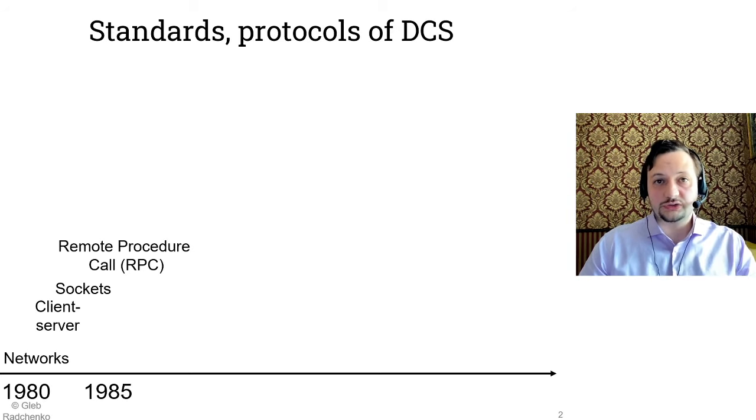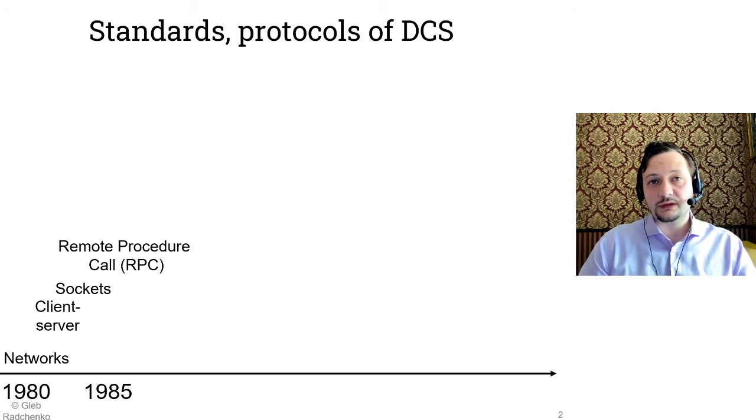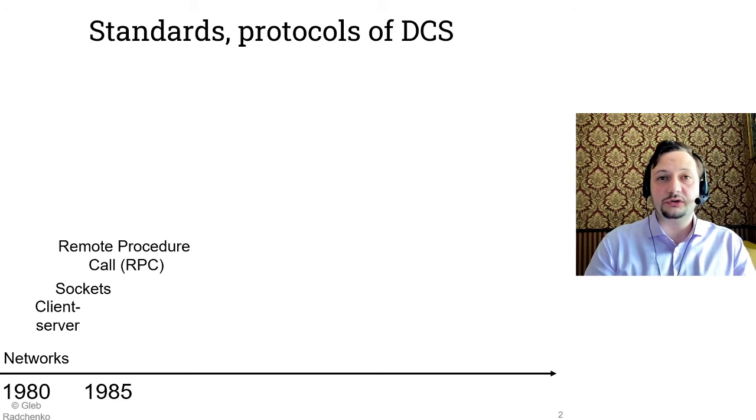As we remember, using Berkeley sockets is not the most intuitive way to organize communication between the client and server, between distributed systems, because they work as a stream of bytes. The developer should think for themselves how to serialize and deserialize the information, how to encode it inside this stream of bytes.